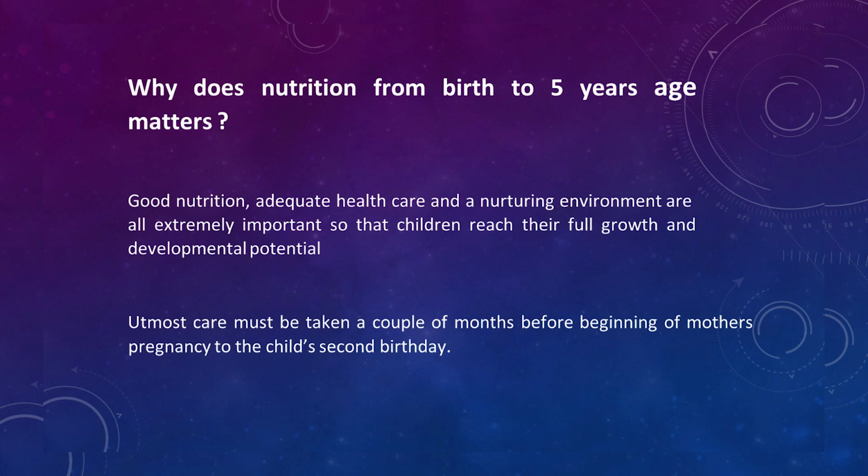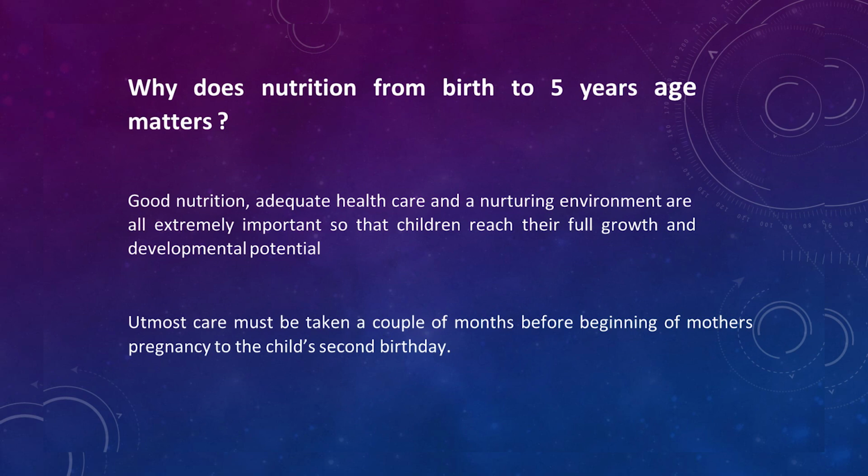This is required for the child's complete mental and physical growth and developmental potential, which helps the child for his future education and whatever he does in his life. So, utmost care must be taken.